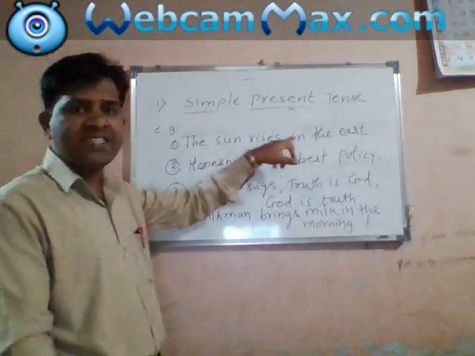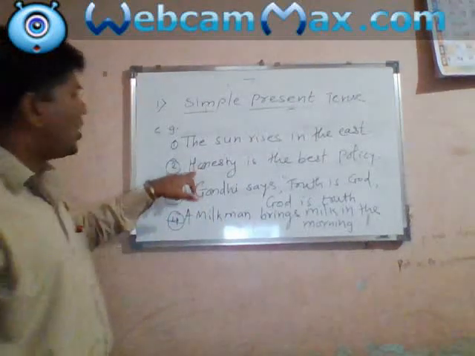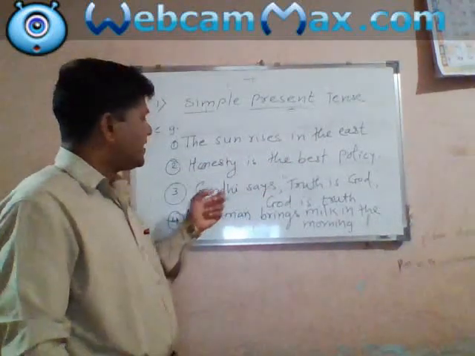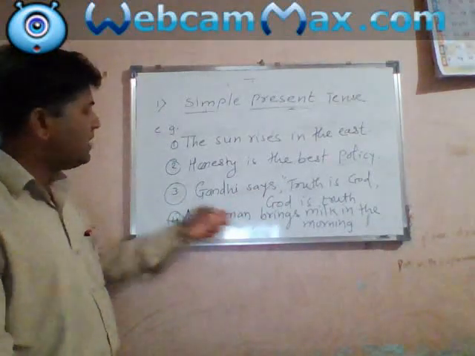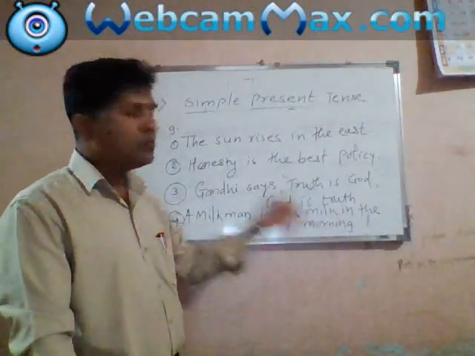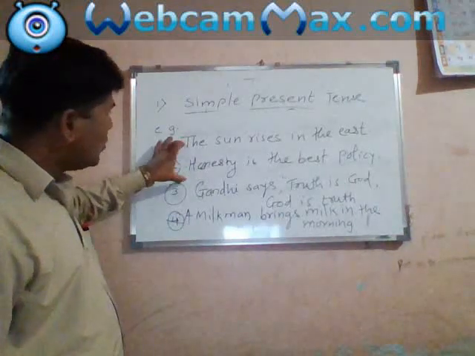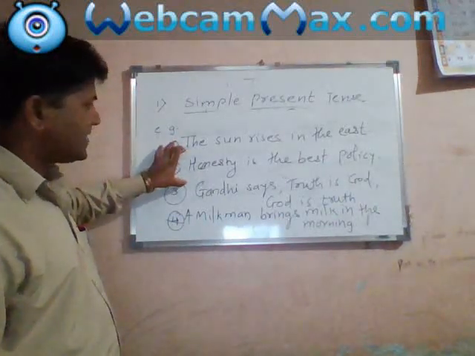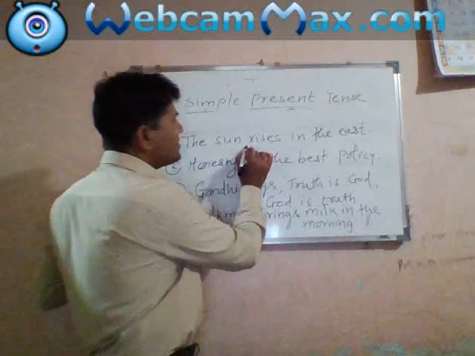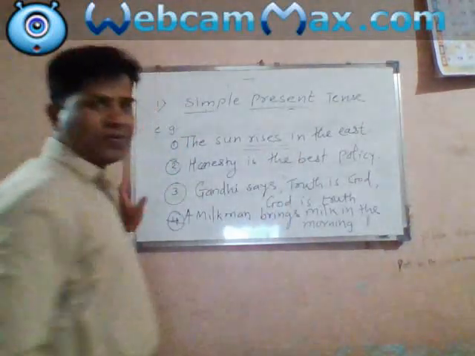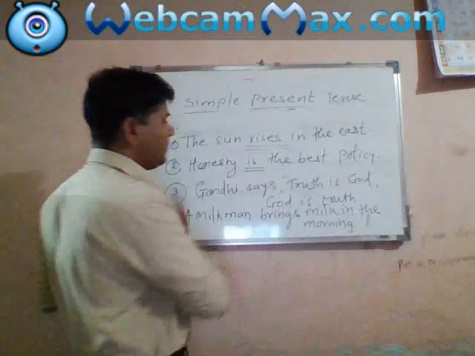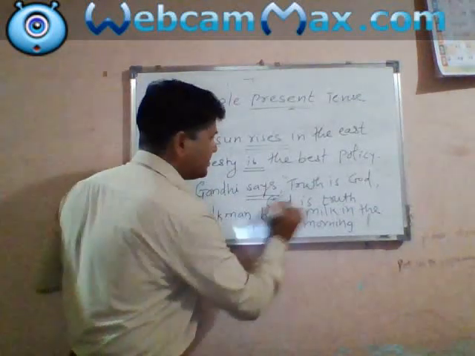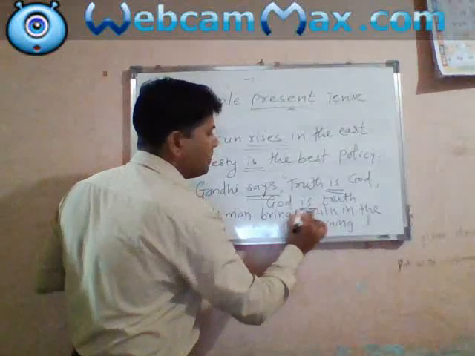The sun rises in the east. Honesty is the best policy. Gandhi says truth is God, God is truth. A milkman brings milk in the morning. When we look at these 4 sentences, in the very first sentence, rises is simple present tense. Is, simple present. Says and is, simple present.